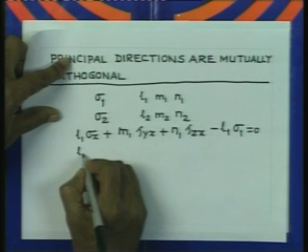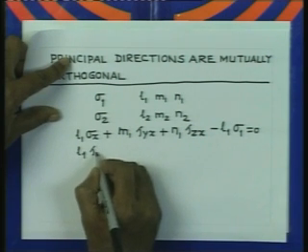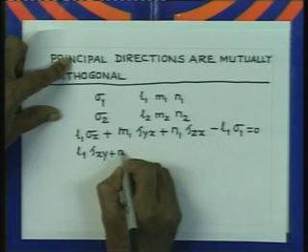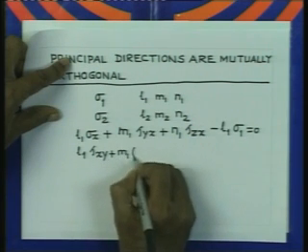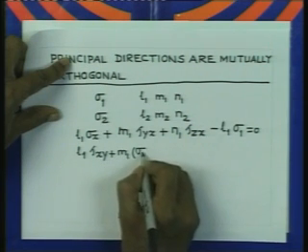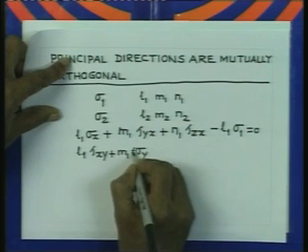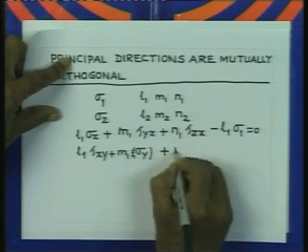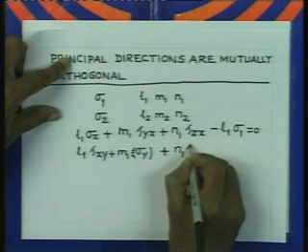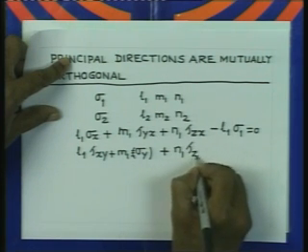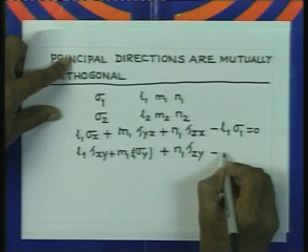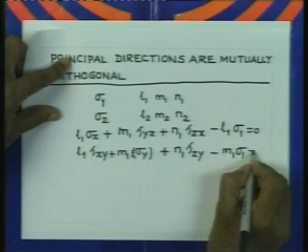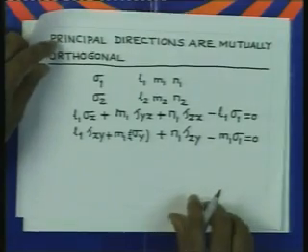Similarly, we will have L1 into tau xy plus M1 into sigma y plus N1 into tau zy minus M1 into sigma 1 equal to 0.